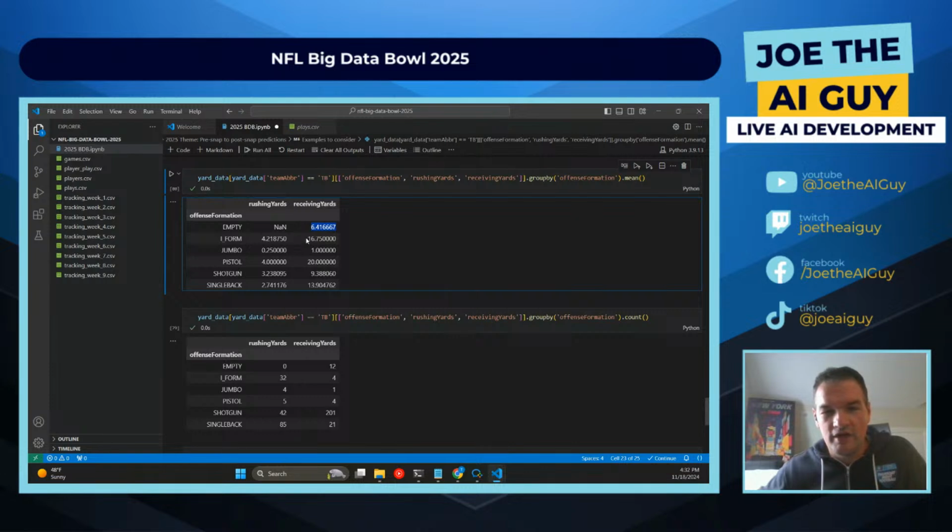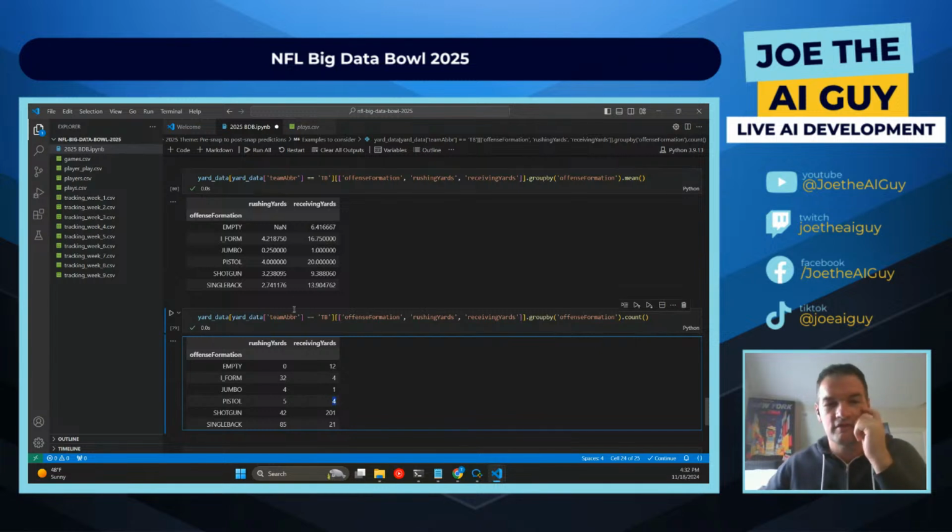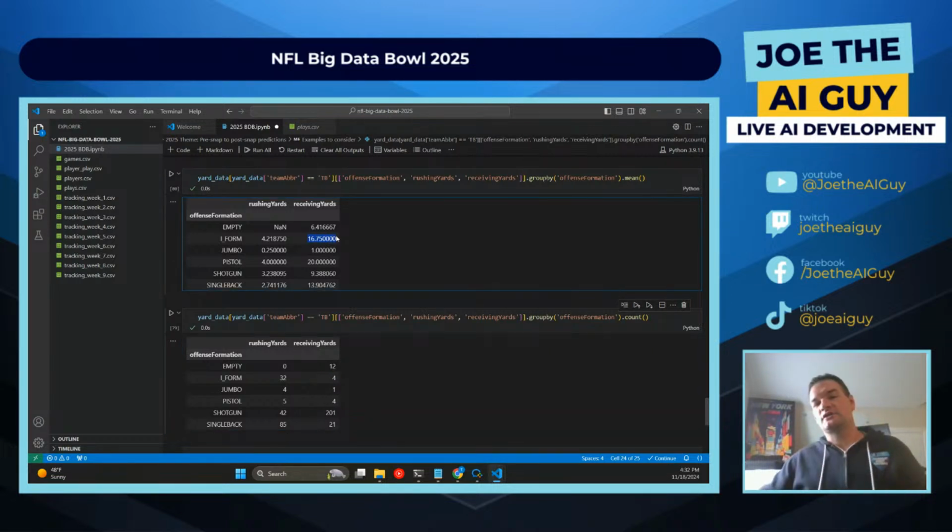What you see is way above average production from the pistol, which they ran very effectively in the few times that they ran it. And then the I formation here, most likely these, because it's only 4 receptions here, these are play action passes, and you catch the defense by surprise. So that is the whole desired outcome here.